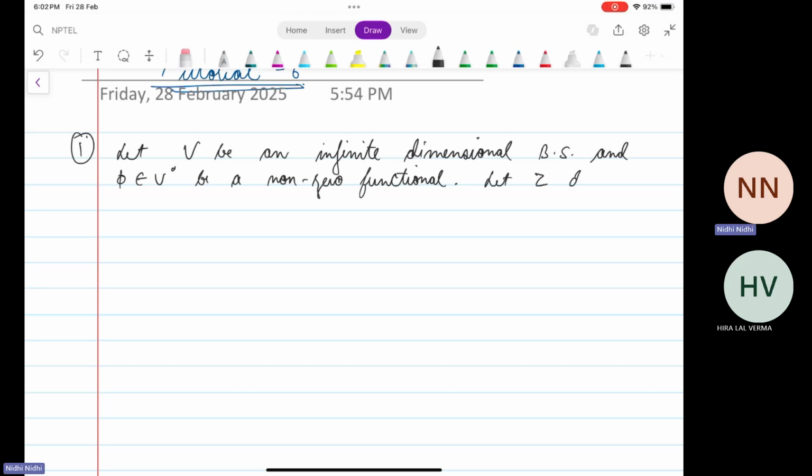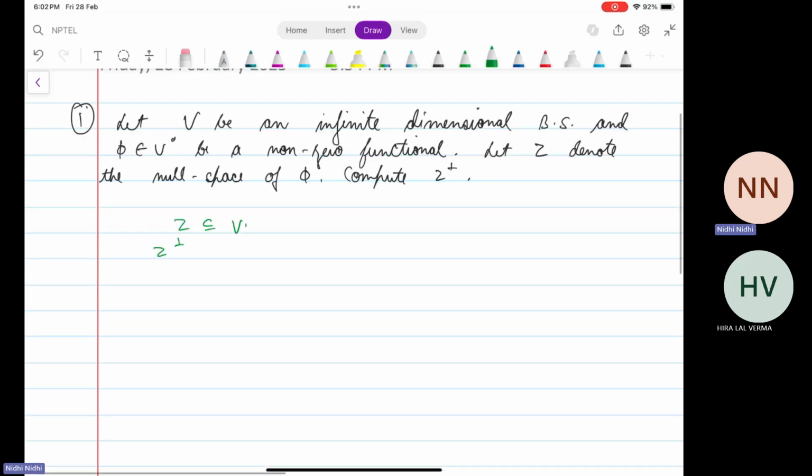Let Z denote the null space or the kernel of phi. Compute Z perp, or the annihilator of Z. Now, since Z is a subset of V, we know that Z perp is the set of all those bounded linear functionals f in V star which map all the elements of Z to 0.